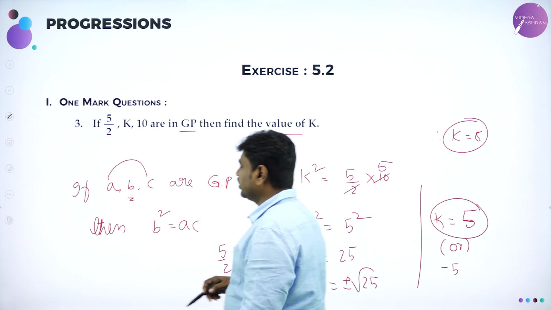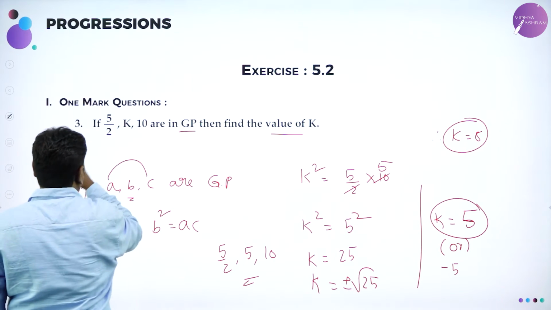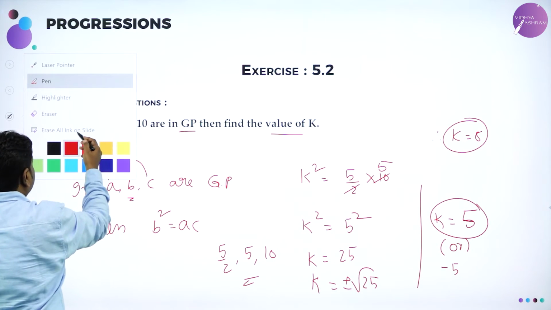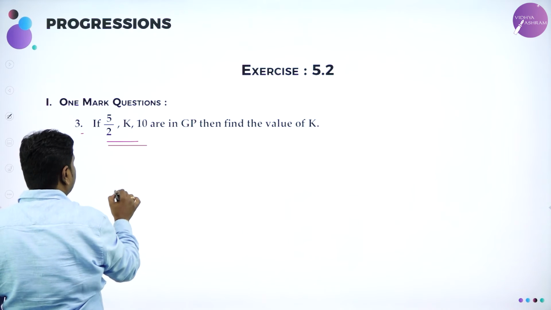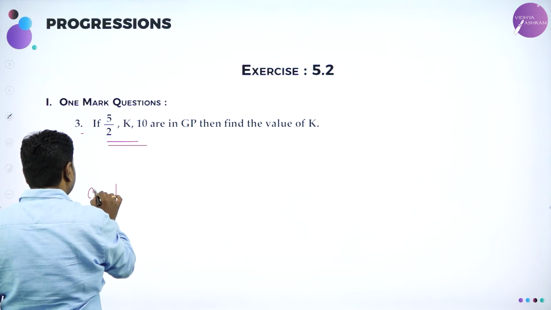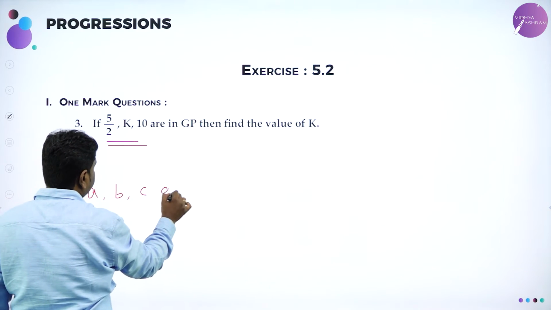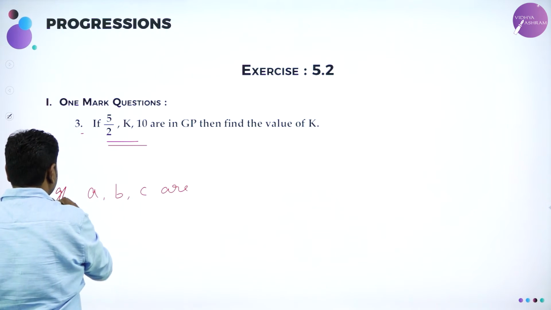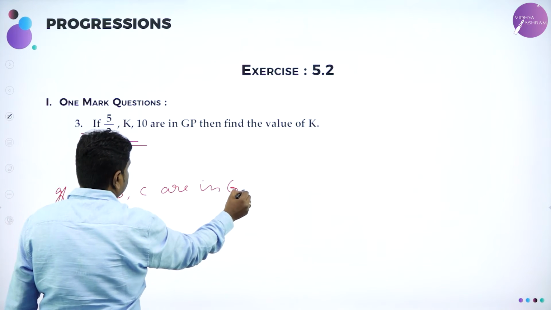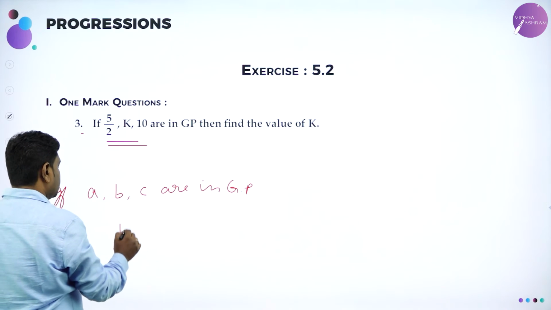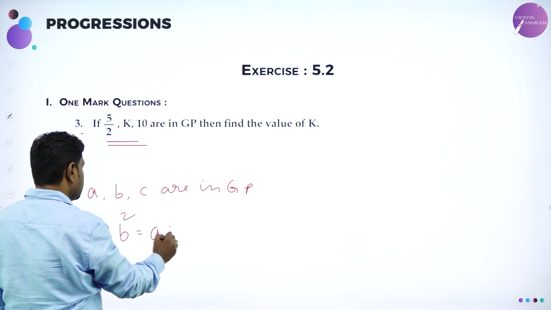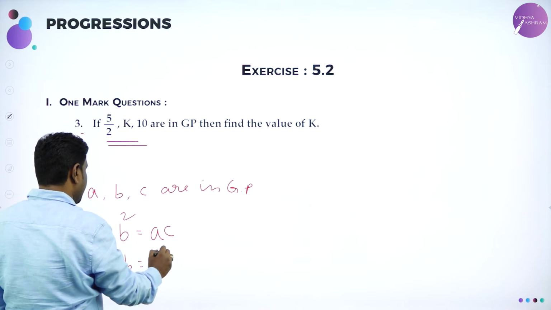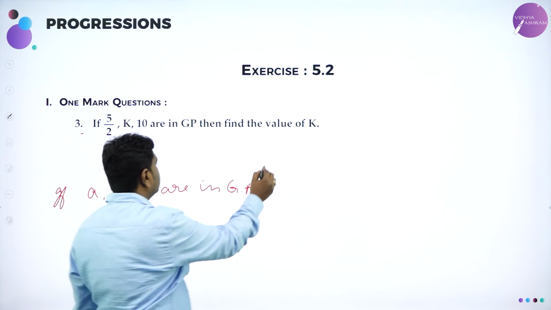One more technique, same logic. I've done one method, now the alternate method. If A, B, C are in GP, then B square is equal to AC, or B is root AC. So here 3 terms are there.